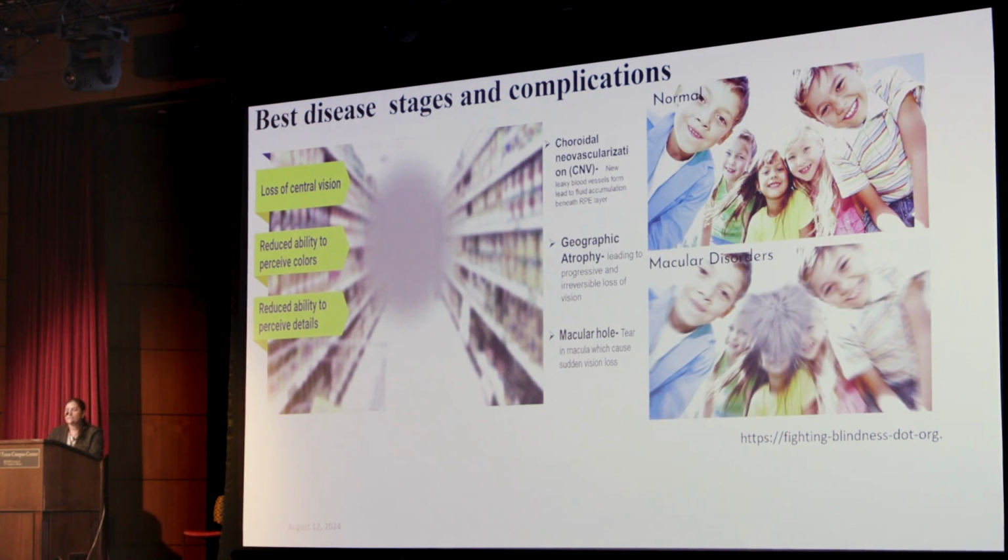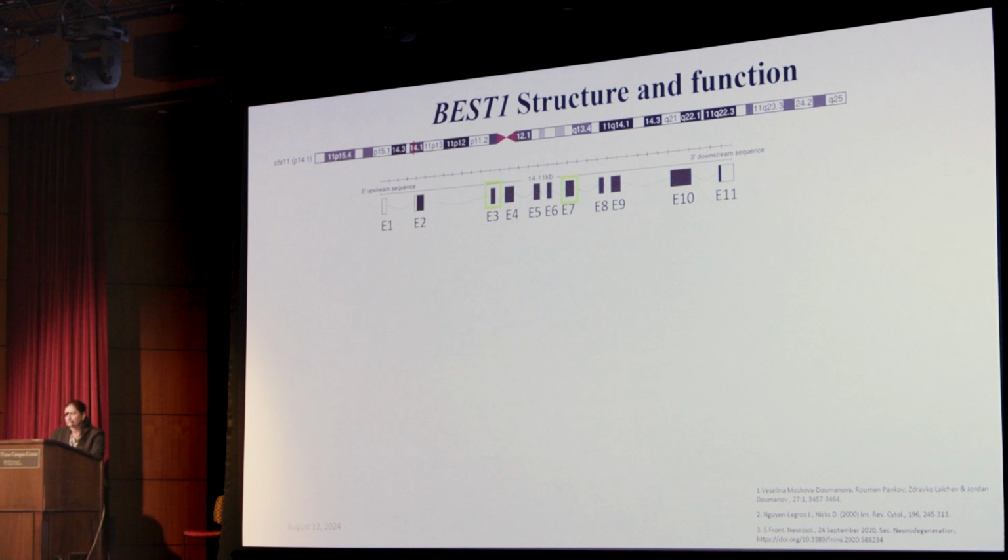There are many stages of the disease, like choroidal neovascularization, where new blood vessels form, geographic atrophy, where the cells start dying, and macular hole. In a very advanced stage of the disease, the macula dies, and the patient loses vision all of a sudden.